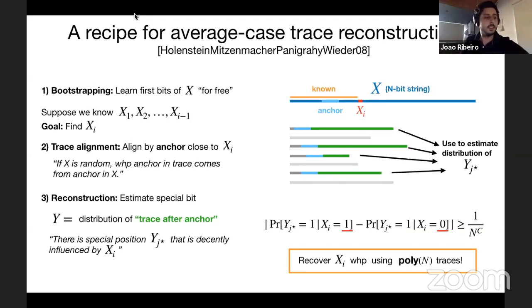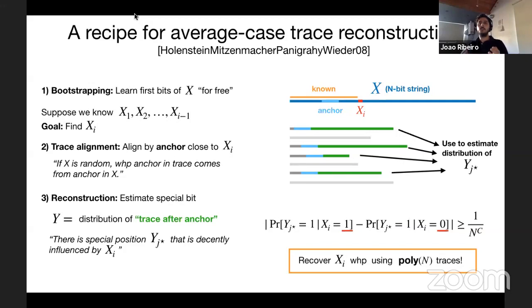And then once you see it, you just realign the traces. I missed the part after that. After you see the anchor, since your x is random, with high probability you're very sure that the part of the trace that comes after the anchor corresponds to the part of x that comes after the anchor. So you can restart the whole thing?